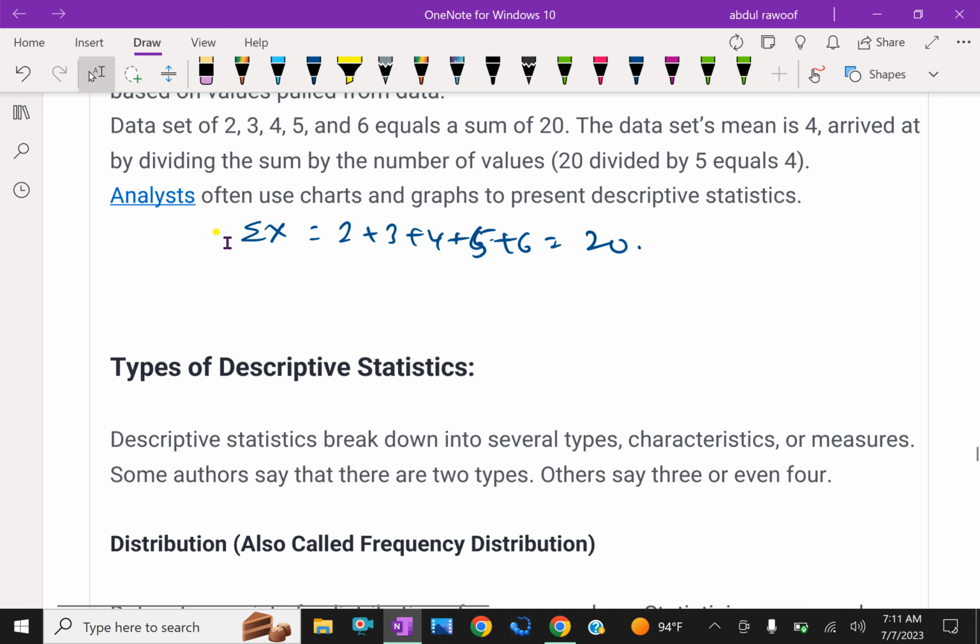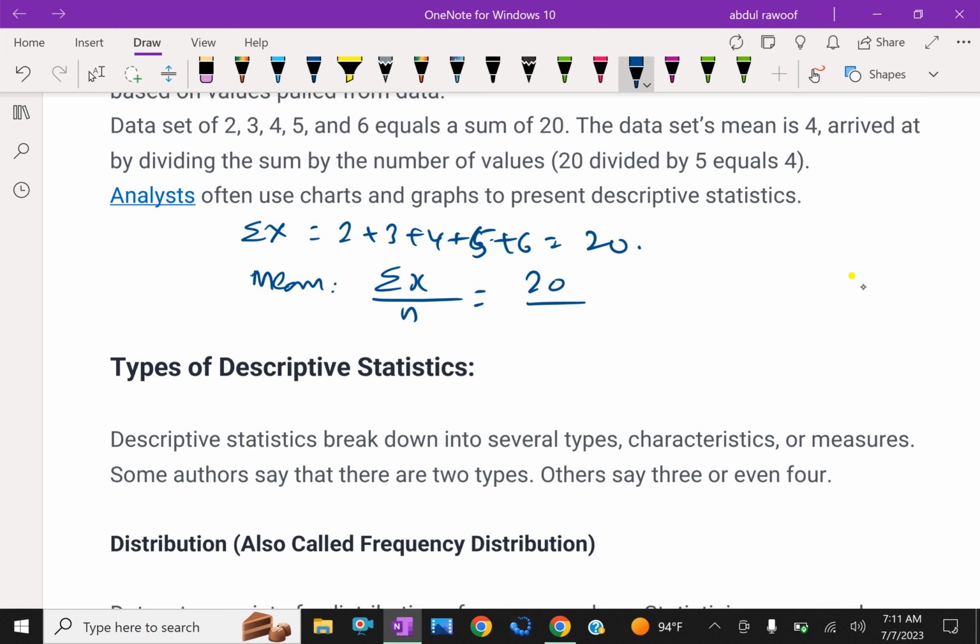There are 5 numbers in the set, so the mean equals sigma x over the number of numbers, that is 20 by 5, which gives 4. The mean mark is 4.